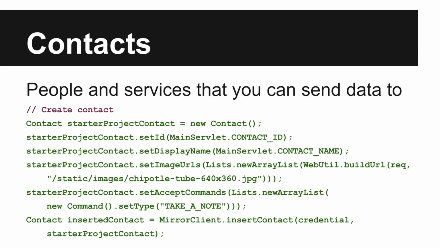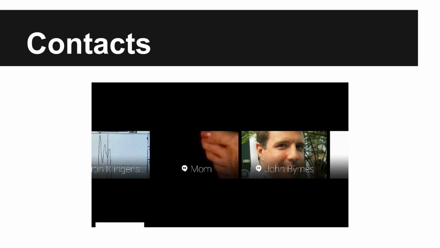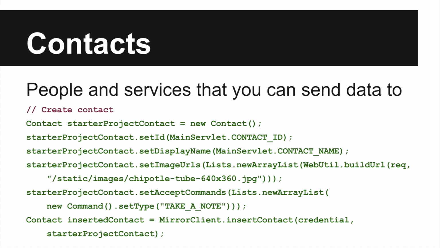But let's take a look at the code. Pretty straightforward. We're just going to create a new contact, set some ID on that contact, a display name, which is how that person shows up, and an image URL. So again, if we look here, display name, image, right? Makes sense. And then accept commands.